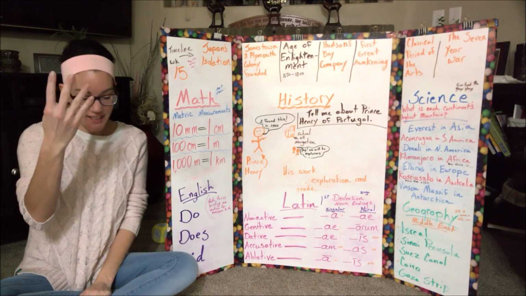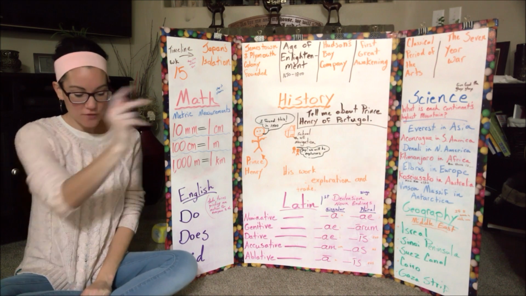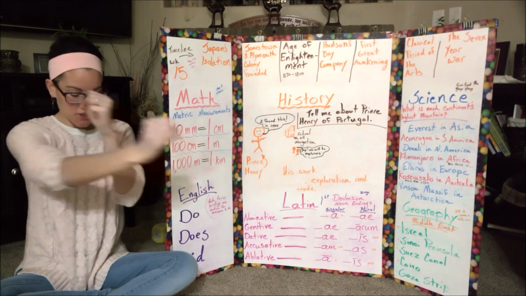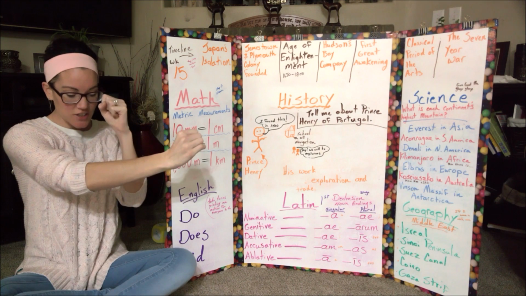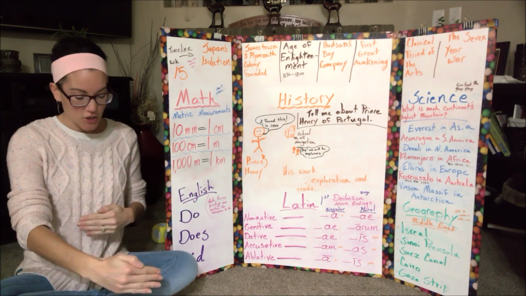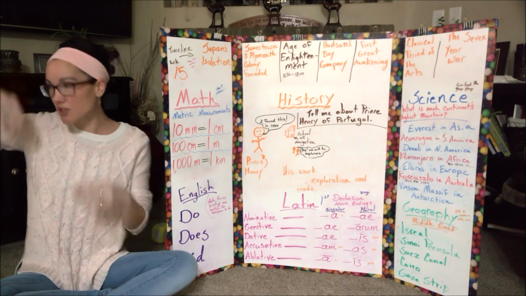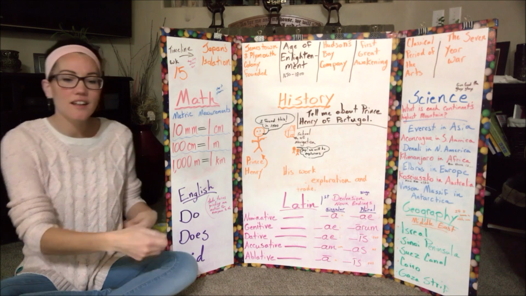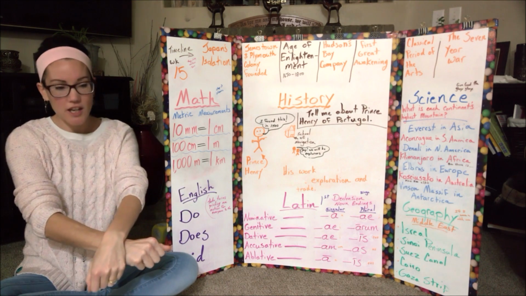In the 1400s, Prince Henry of Portugal founded a school of navigation. His work advanced European exploration and trade, including the slave trade.